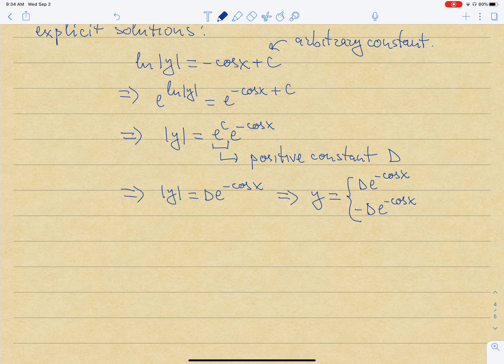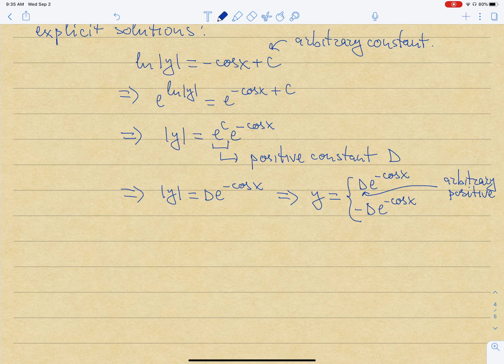Okay, so then let's think about this in a little bit more detail. So what is d? So if c was an arbitrary constant, then d becomes an arbitrary positive constant. So d is an arbitrary positive number here. And if d is arbitrary positive number, what about minus d?